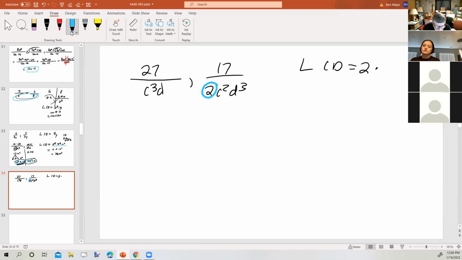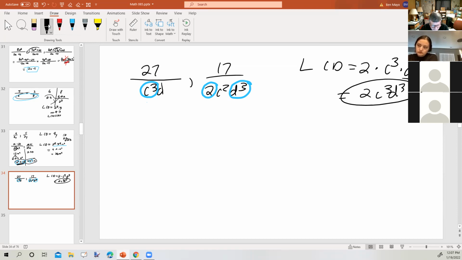I have c cubed and c squared; c cubed is my highest power of c. I have d and d cubed; d cubed is my highest power of d. So that is my least common denominator, the smallest number that this goes into and that also goes into. Are you seeing that or not? Yeah, I see that part. That one makes sense to me.